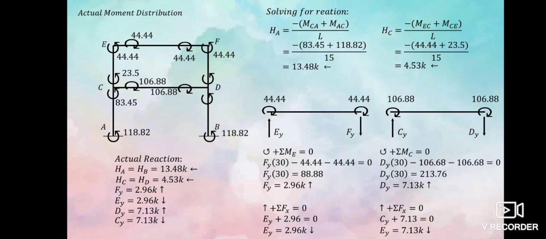Now we will be solving for the reaction. HA equals negative the quantity moment CA plus moment AC over length.